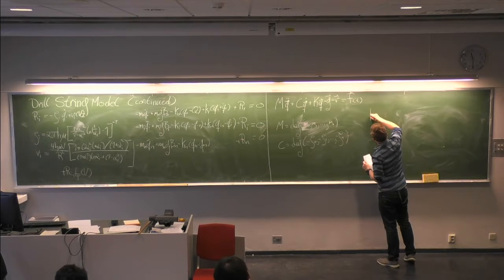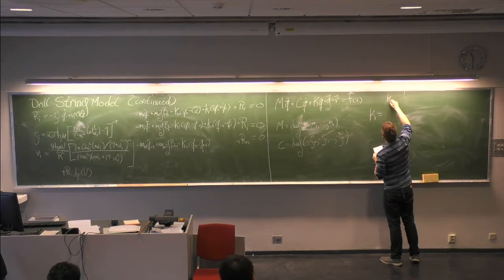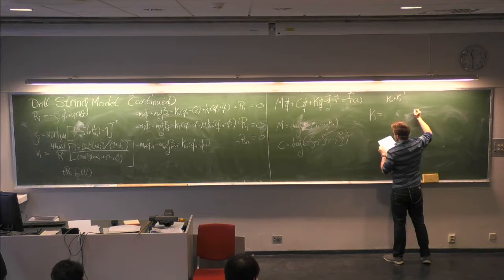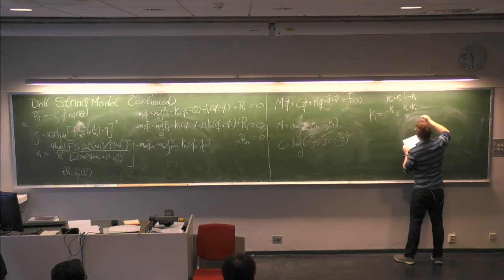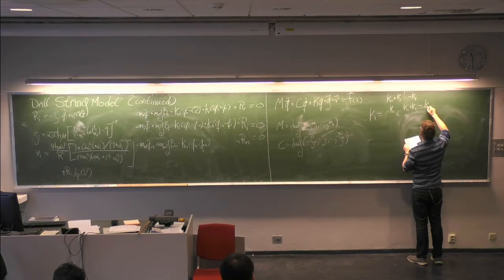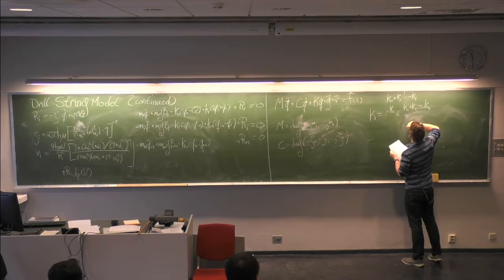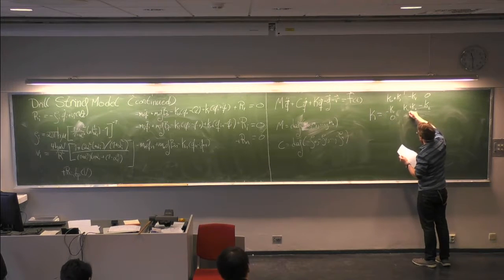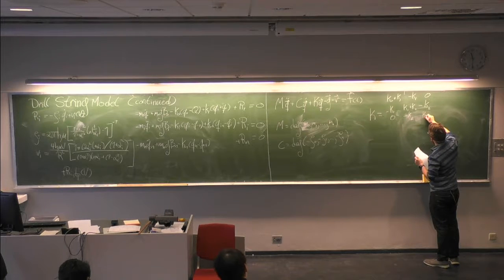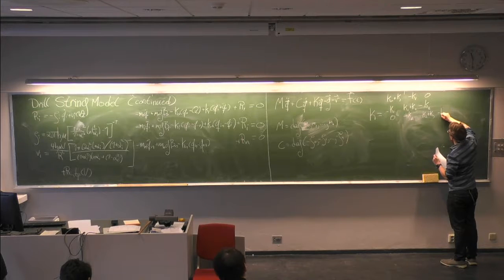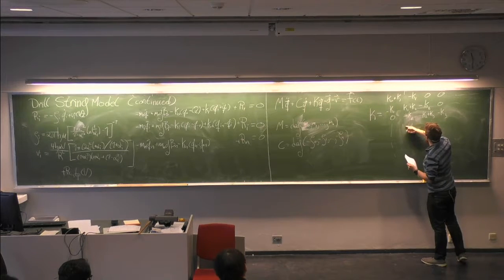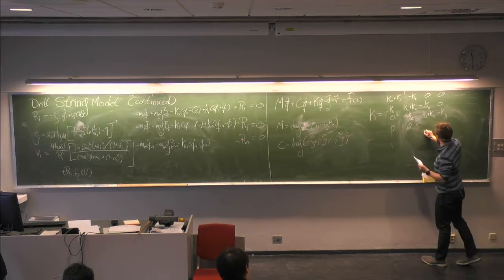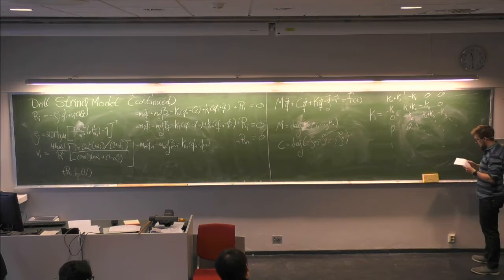K is going to be something like K0 plus K1, minus K1, then minus K1, K1 plus K2, minus K2, then K2 plus K3, minus K3, and over here, lots of zeros. And you will get a banded matrix.